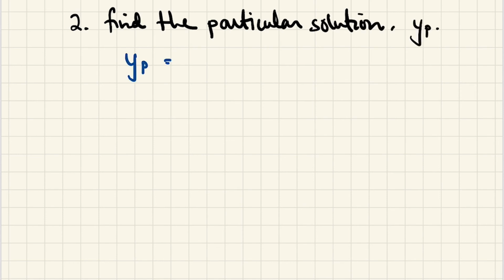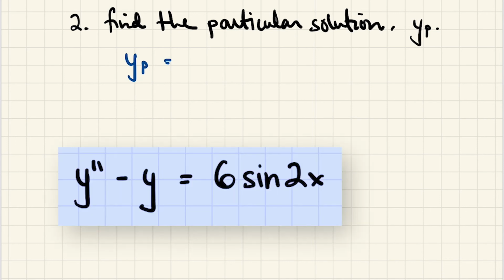Again, we need to be very careful selecting the form of our trial particular solution. And this time, we can see that the form's trigonometric. It's going to involve sine. So the most general form when you have sine of something is to include both sine and cosine in your trial particular solution.